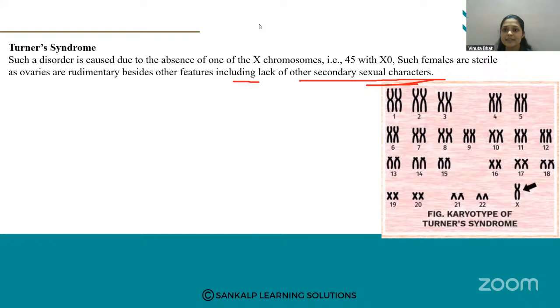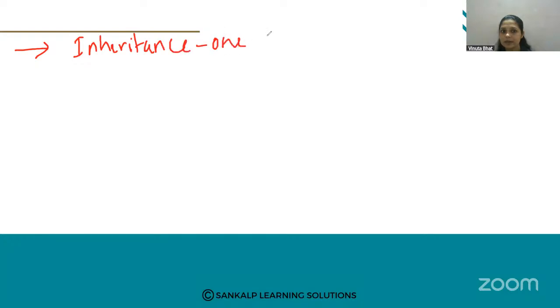So this completes the chapter Principles of Inheritance and Variation. Totally, what we learned in this chapter, very important things, I just want to recall. The first is inheritance of one gene, Mendel's experiments and why he selected the pea plant for the experiments, that is also important. Then inheritance of one gene and some terminologies.